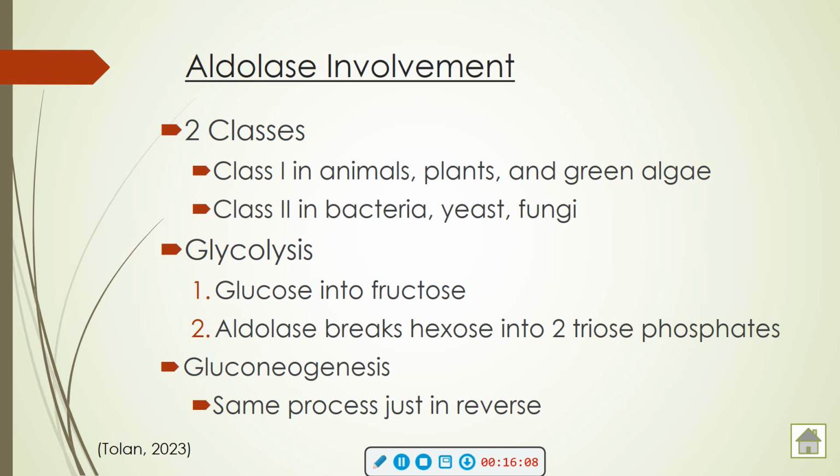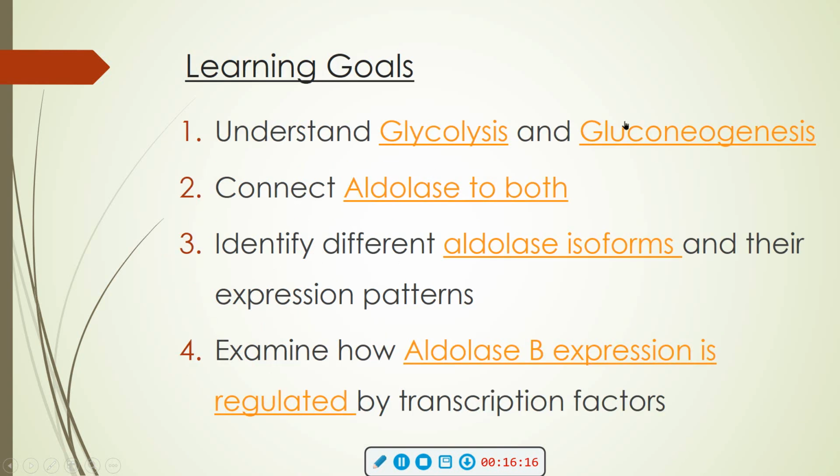It is the same enzyme that is performed in both. So, we know that aldolase is the enzyme that allows these processes to occur. Let's talk about the different types of this enzyme and their different expression patterns.